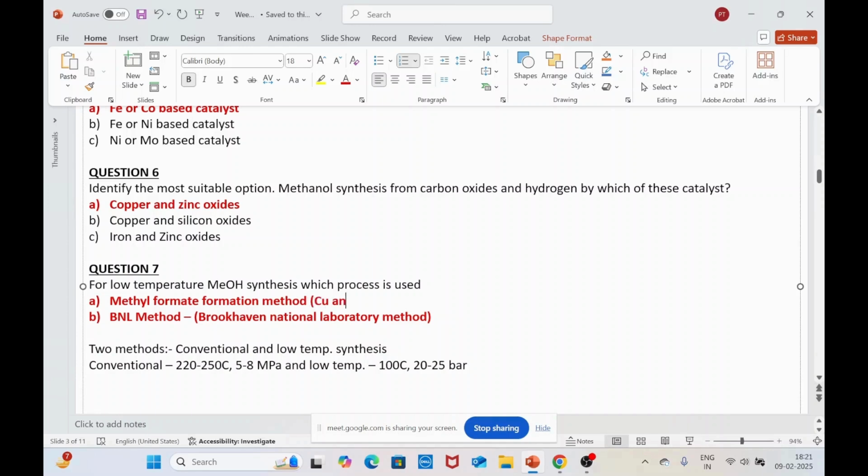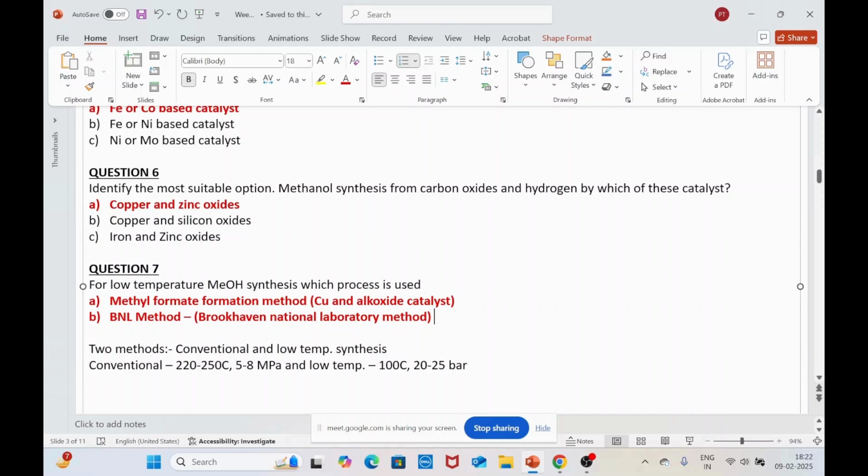So it is copper and alkoxide catalyst. Basically, you will first react the methanol with carbon monoxide to form the formate, and that will react with hydrogen gas to release methanol. So this is one.